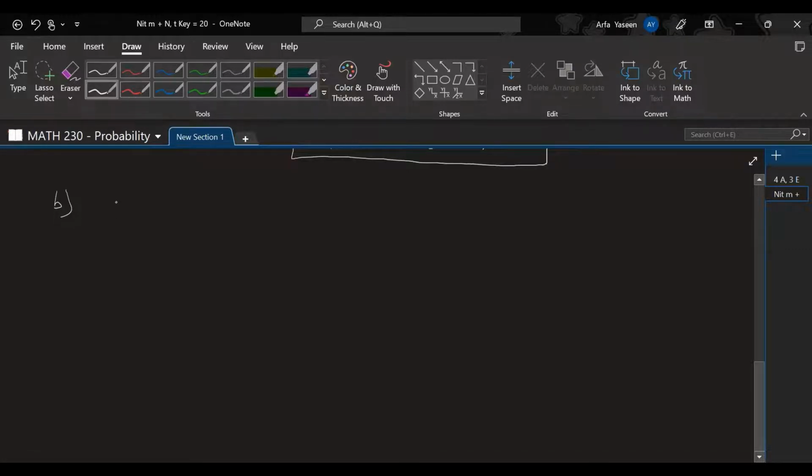Let's see how many cases. First, we'll have the case where we invest in the first opportunity, second opportunity, third opportunity, but we don't invest in the 4th opportunity, right?